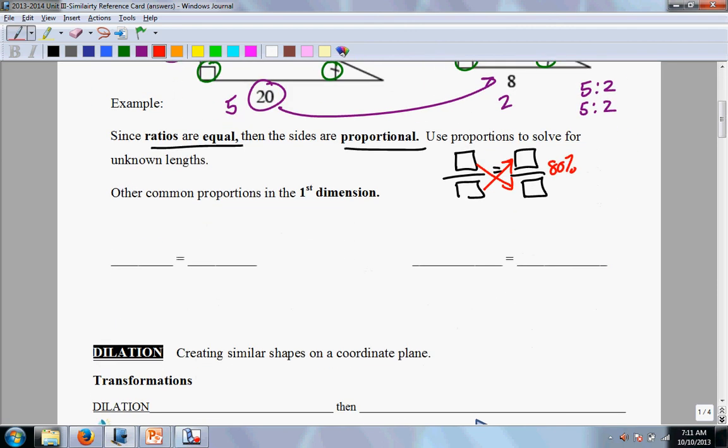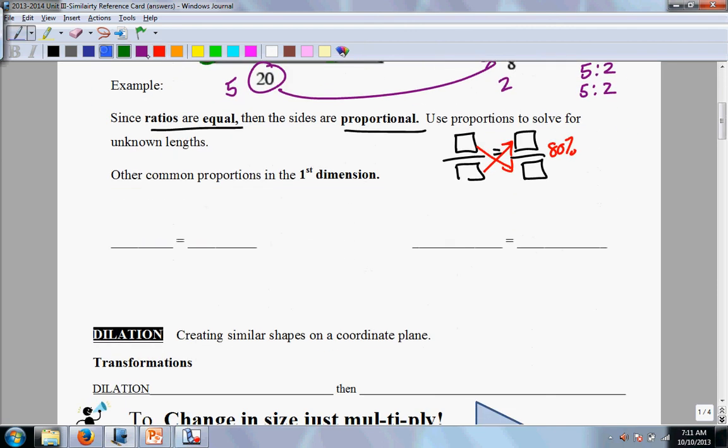So some common proportions that we're going to use work in what's called the first dimension, which is the comparison of lengths only. We can simply do side over side equals another set of side over sides.